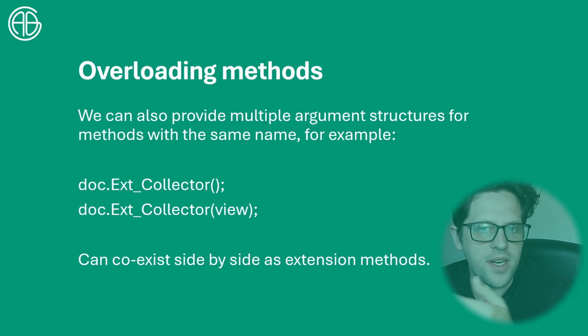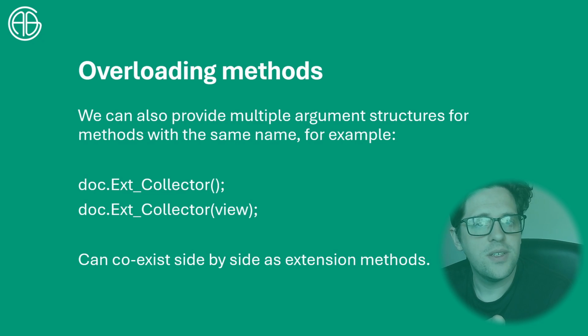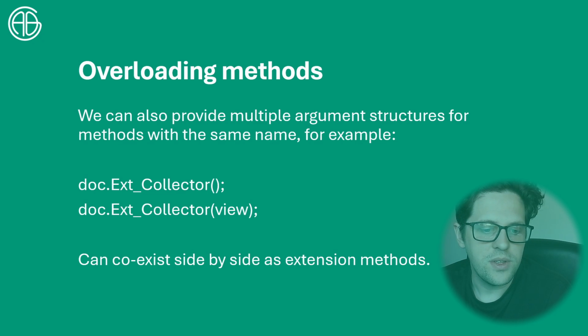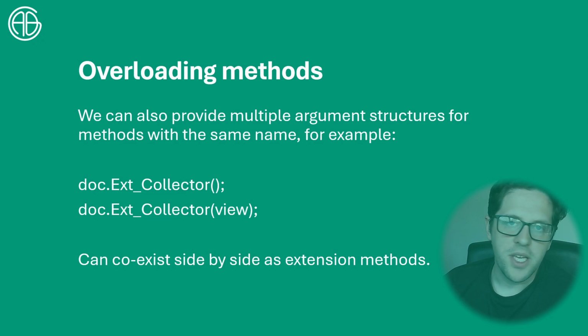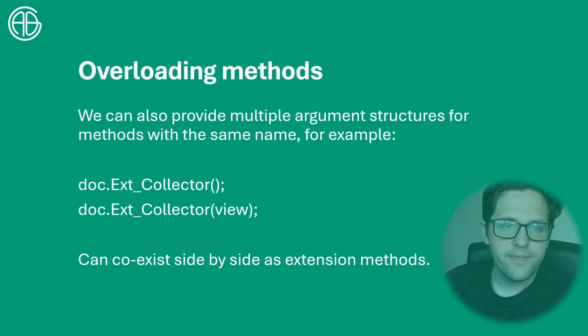It won't clash in name as long as the arguments are different, because C# will understand, oh, this is a different version of that method. And if I've provided the view to that method, it will access a different one that we've declared elsewhere. So we are going to overload our base collector extensions that we build. And they can happily coexist side by side in static classes or in extension methods.